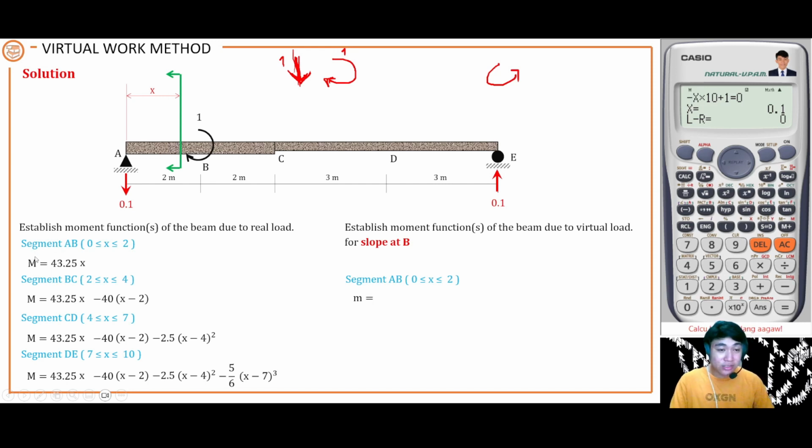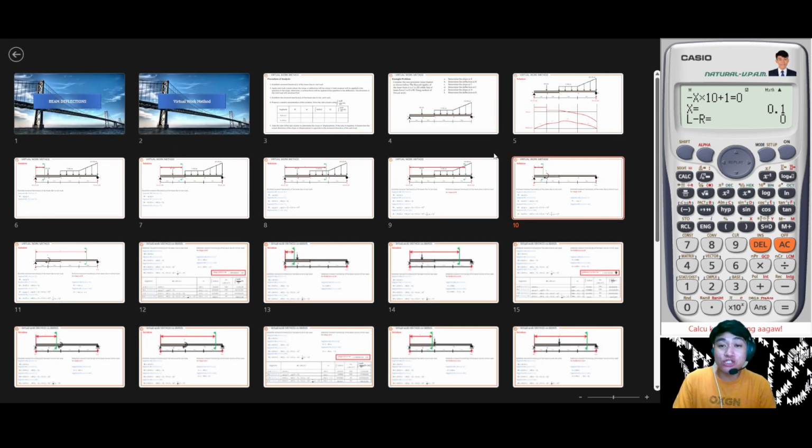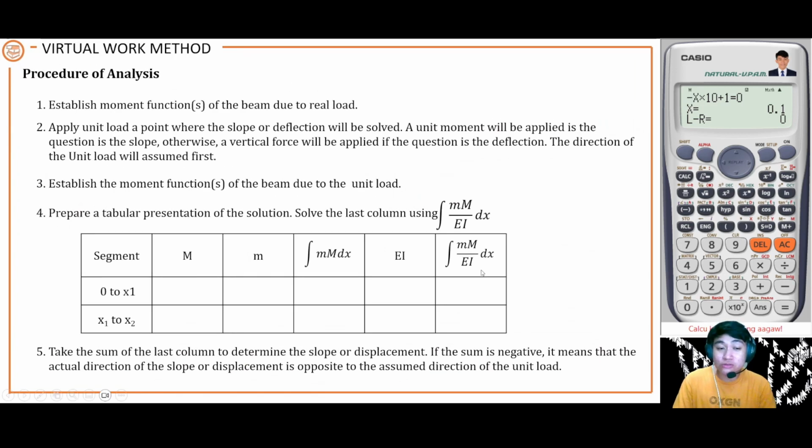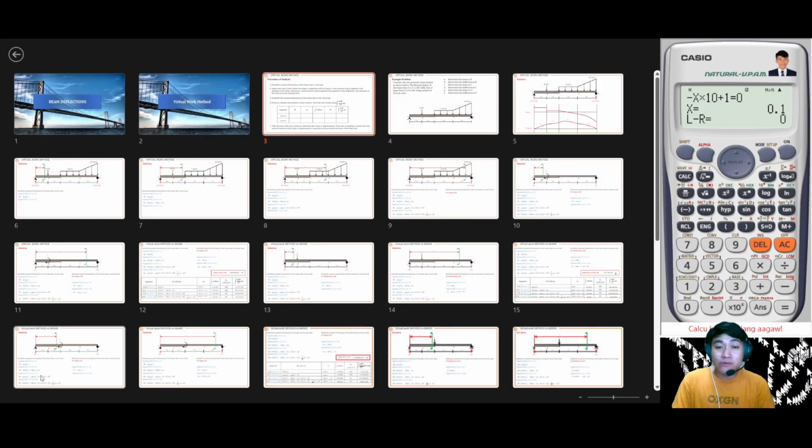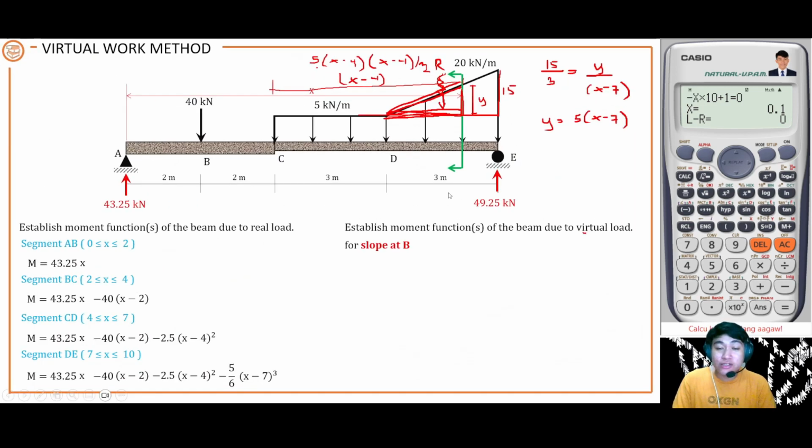For real loads, we denote the moment at every cutting section as a large M. We will use this formula later for the deflections, and we are just going to put the values here, whatever values we calculated or solved from steps 1 and 2 up to 3.